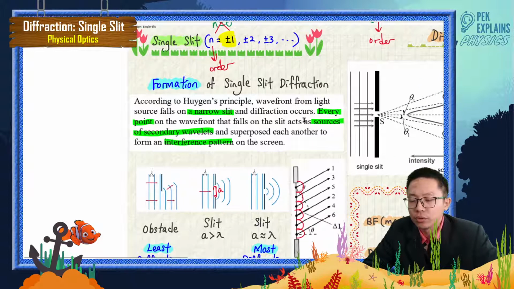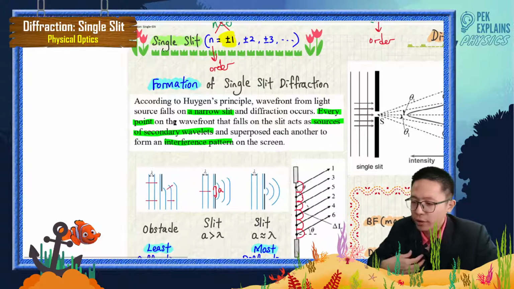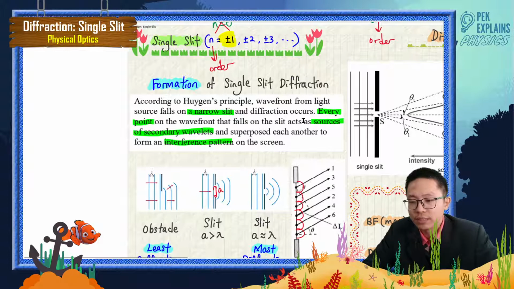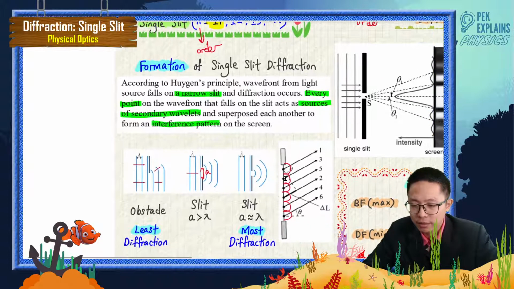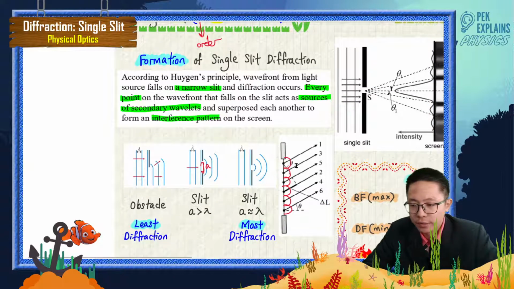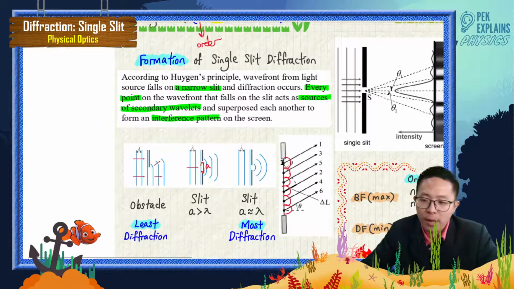Why do you need to know that every point on the wavefront that falls on the slit? I always emphasize this, that every point of the wavefront on the single slit becomes a source of many waves.